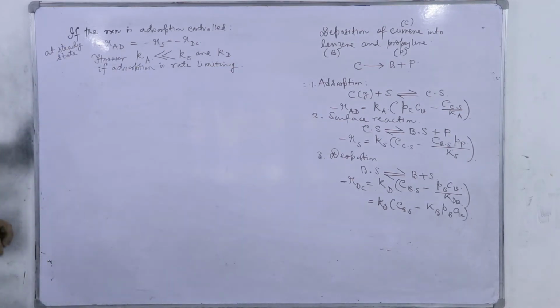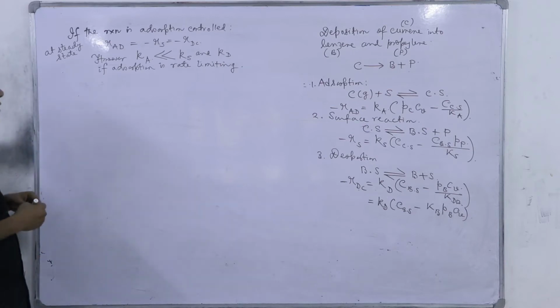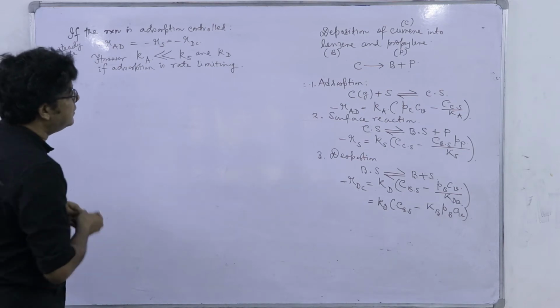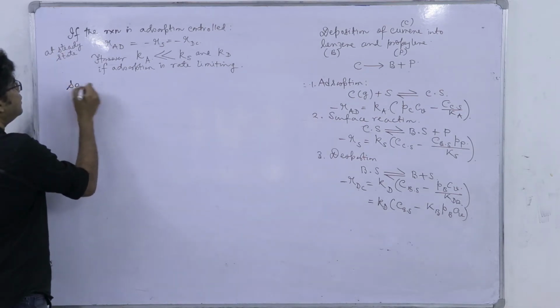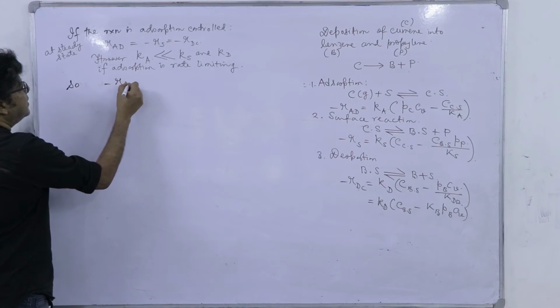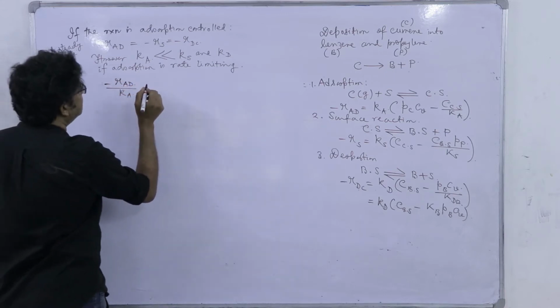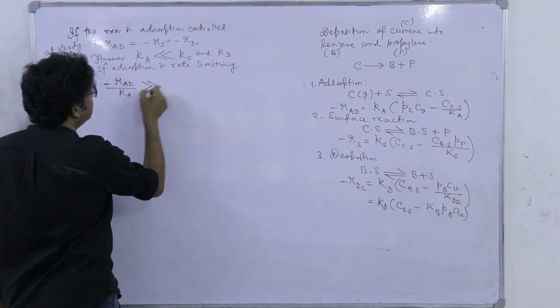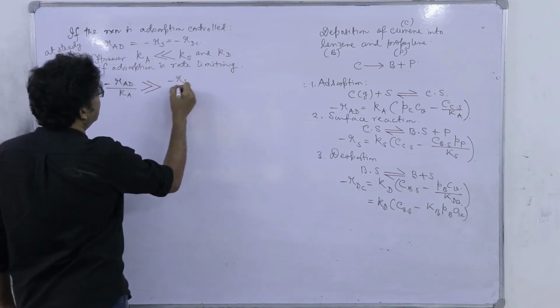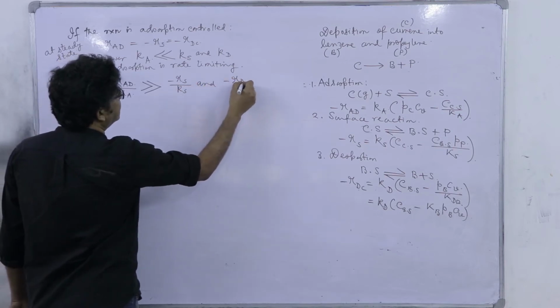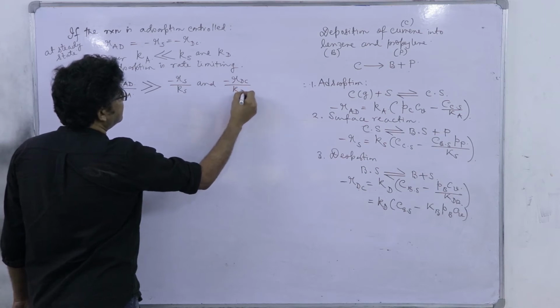So, if adsorption is rate limiting, then Ka is much lower than the forward rate constants of surface reaction and desorption. So, minus RAD by Ka is much higher than minus Rs by Ks and minus RdC by Kd.